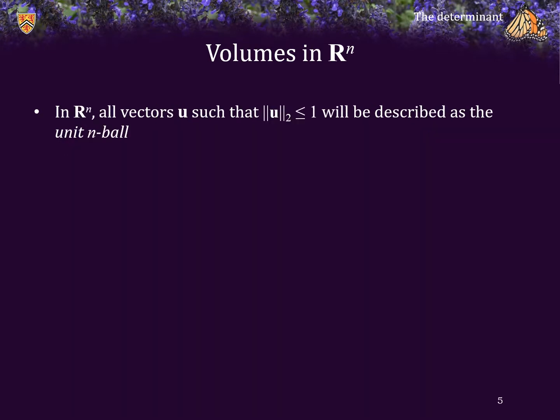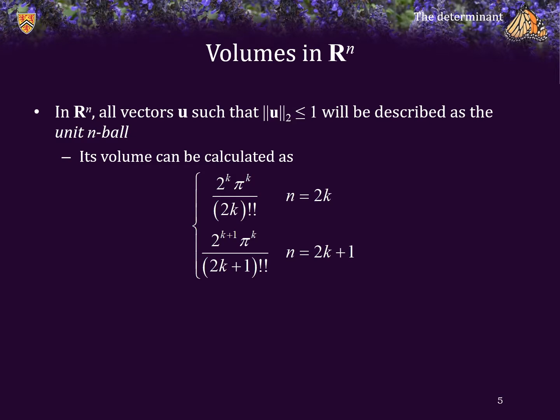Also, in R^n, if we consider all vectors such that their 2-norm is less than or equal to 1, we will describe this as the unit n-ball. We can actually calculate the volume based on one of these two formulas, depending on whether n is even or odd. Here, n double factorial is n times n minus 2 times n minus 4, going all the way down until we reach either 2 or 1.